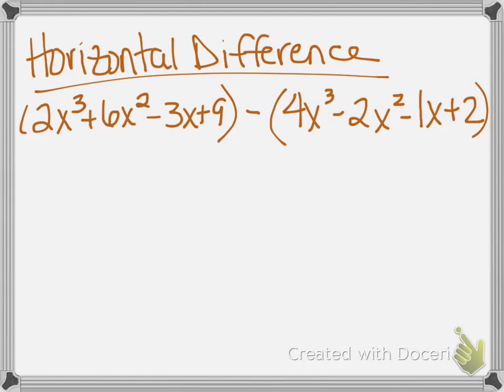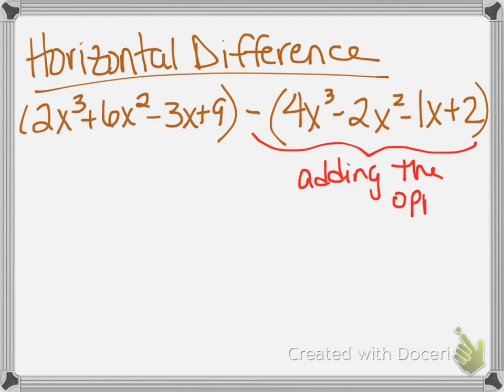So here, there's a couple of different ways you can think about this problem. You can think about, for the second one here, you can think about adding the opposite. You can think about keep, flip, change.